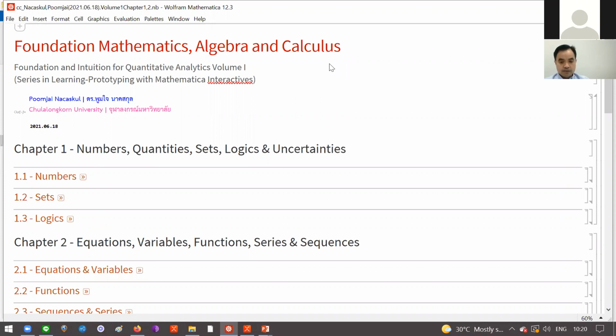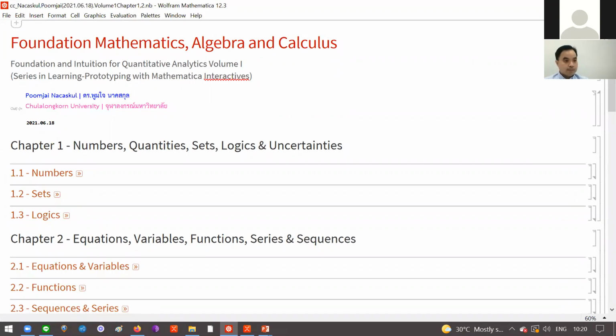Draw the attention of your TA if you have not been successful at installing Mathematica. Some of you work off Mac, not PC, right? So you have two different operating systems. I think the basic IT would have arranged for both.